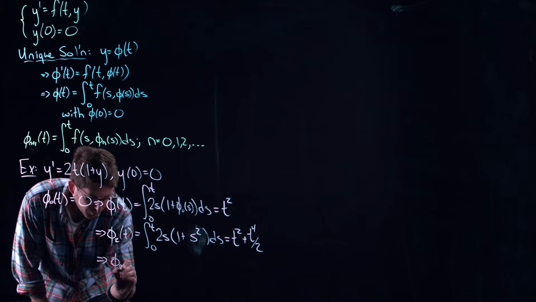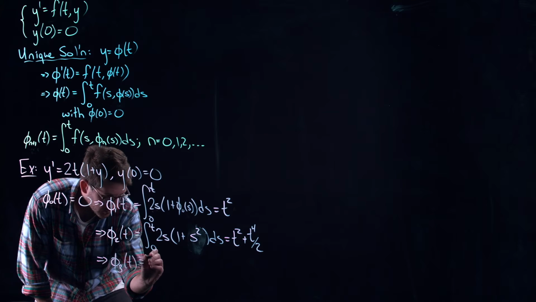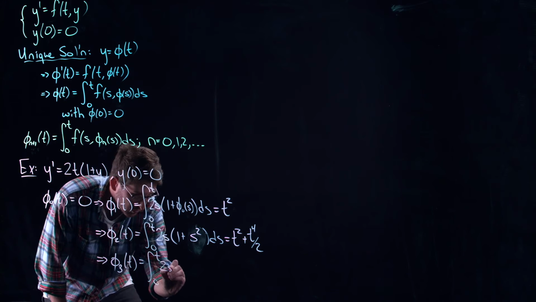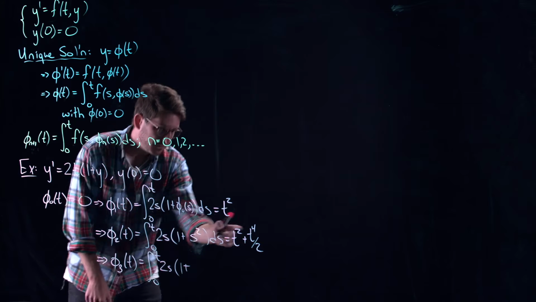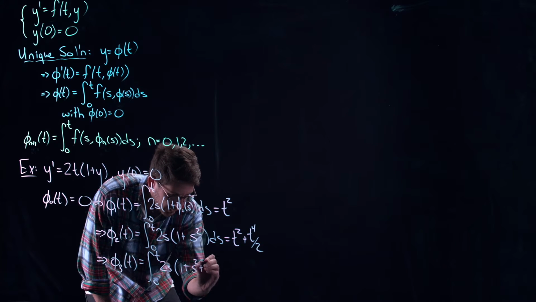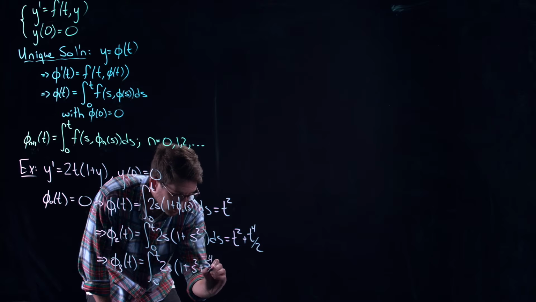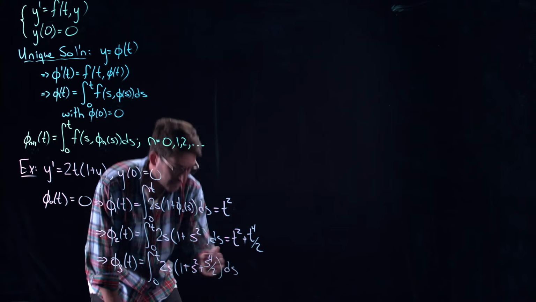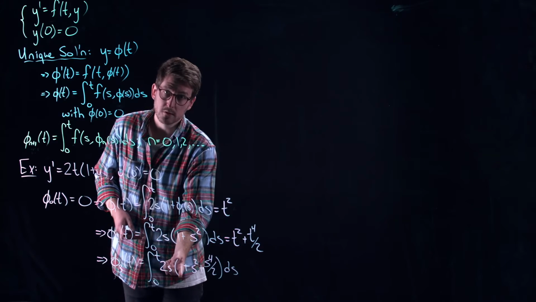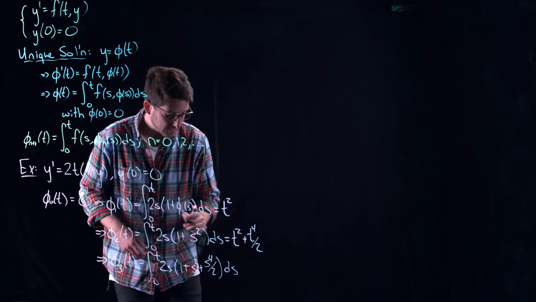Let's go with phi 3 of t. Again, integral from 0 to t, 2s, 1 plus phi 2. Now let me just put it right in. S squared plus s to the 4 over 2 ds. So 1 plus s squared, I'm going to get that piece out of this again.